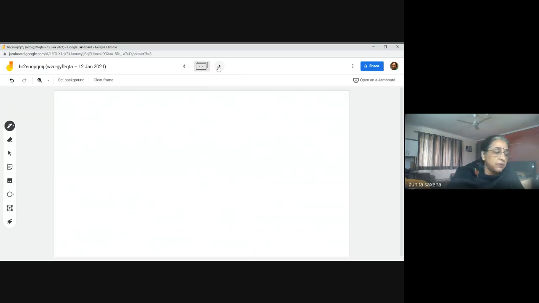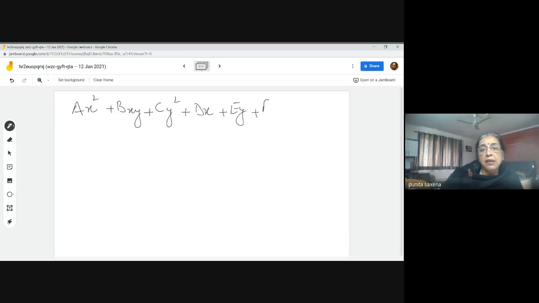Okay. Now we come back to the general second degree equation in x and y, which can be written as ax square plus bxy plus cy square plus dx plus ey plus f equal to 0. ठीक है ना?